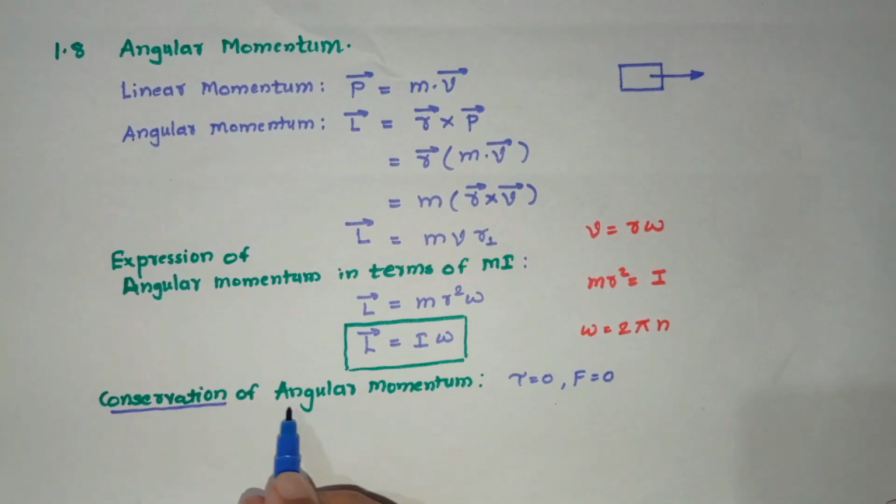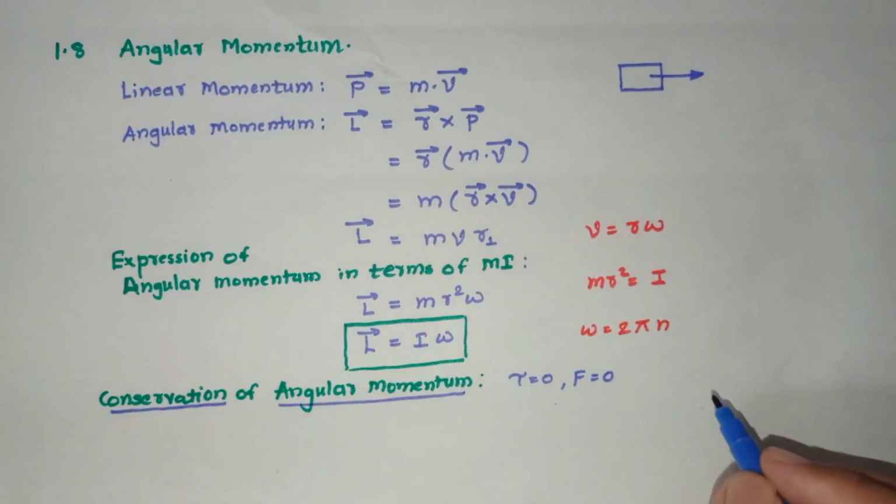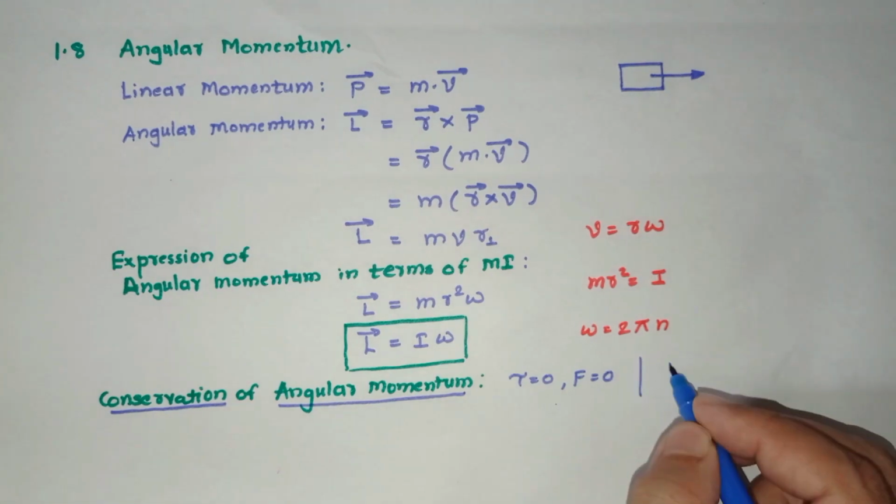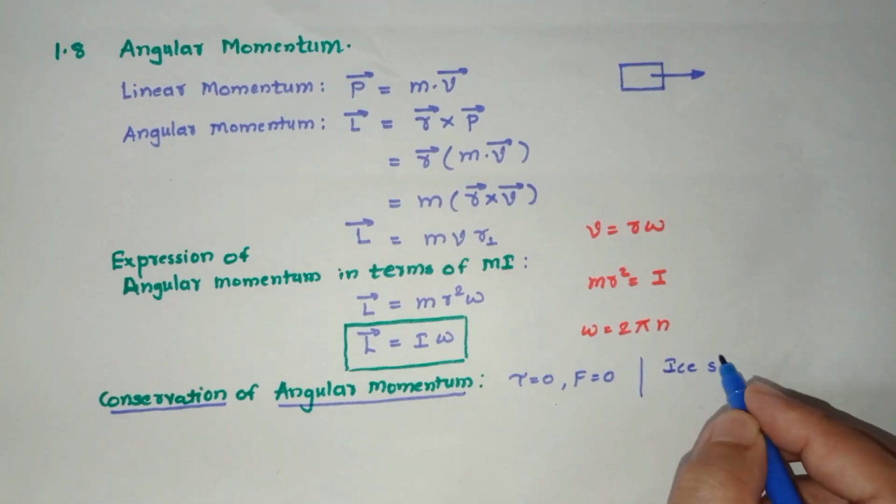Examples of conservation of angular momentum: ice skating.